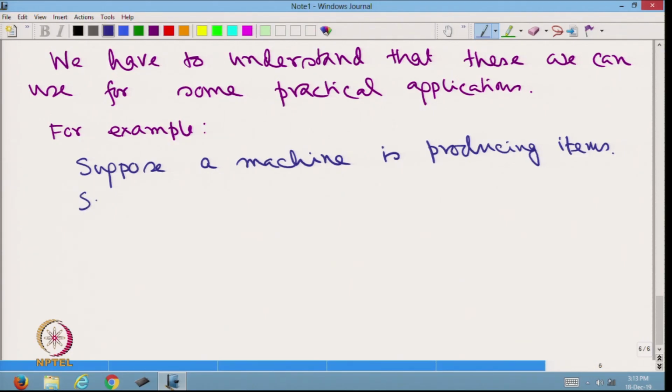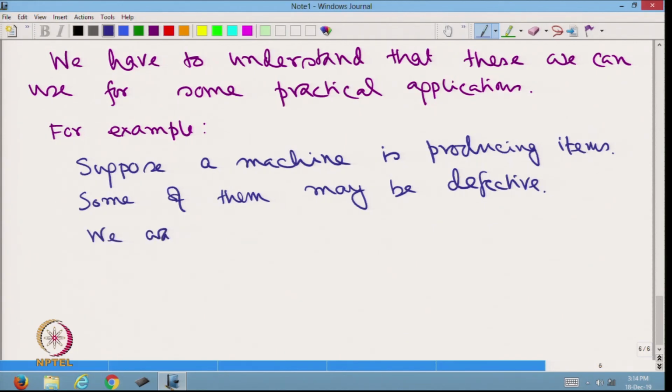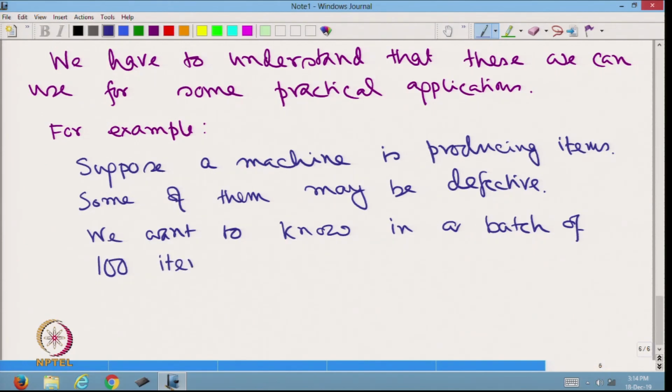Some of them may be defective, and we want to know, in a batch of 100 items, how many are non-defective.